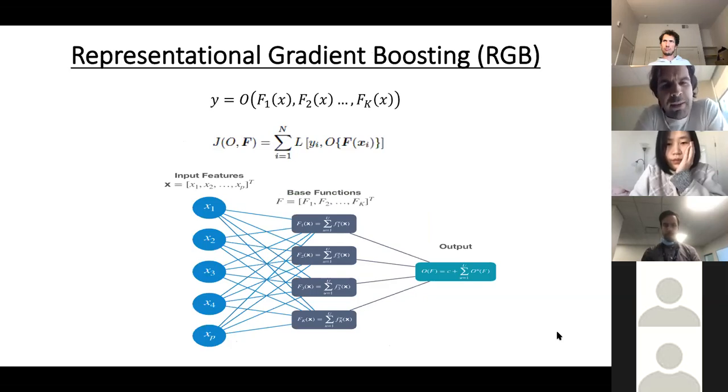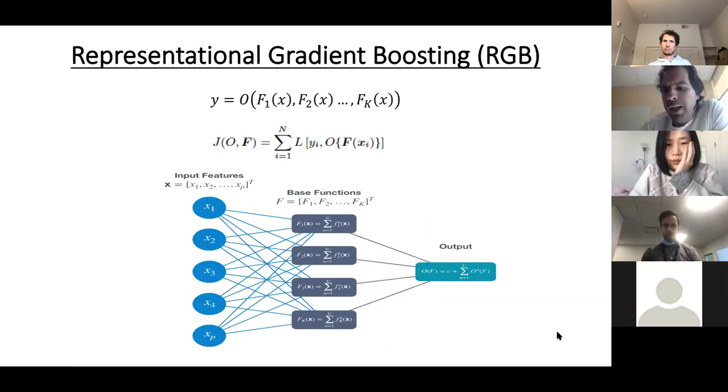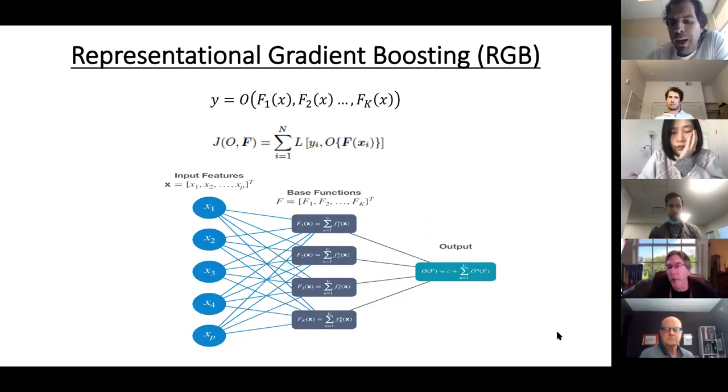Well, in representation gradient boosting, what you're going to do is assume that you have a multi-parametric, multi-layered function, like a neural network, where this function is a function of functions. But different from neural networks, you're not going to assume any specific functional form for the basis, you're actually going to estimate them.